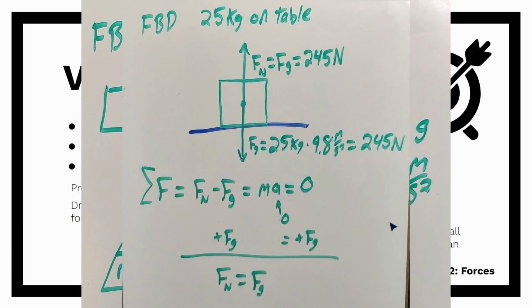This one, a little trickier, and excuse the side part a little bit. So yeah, we have 25 kilograms. Gravity, you just multiply it like we already did, 245 newtons. And, you know, on a flat table, it's pretty easy to see that normal force will just be 245 as well.